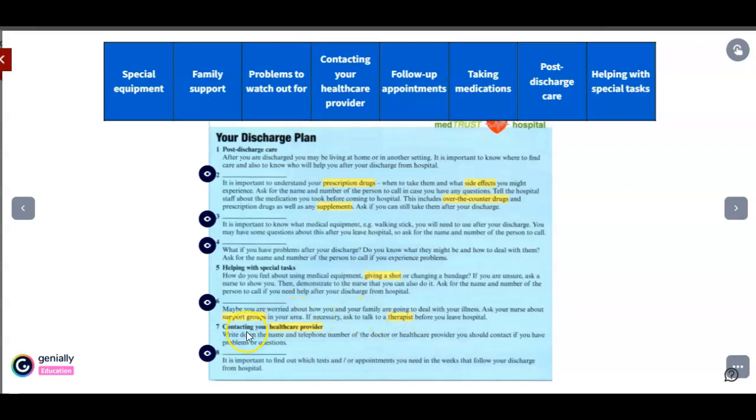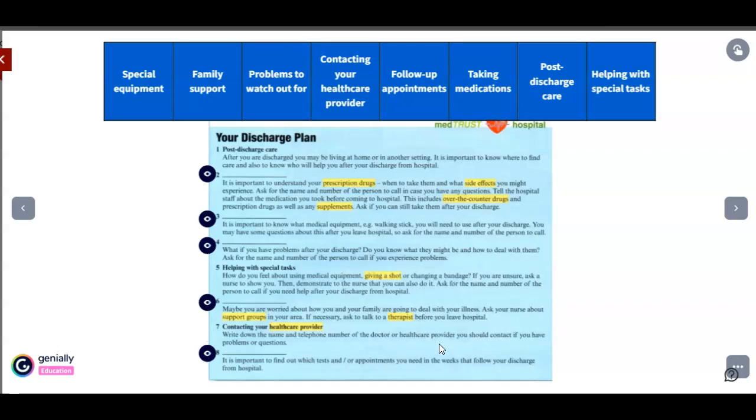Then we have contacting the healthcare provider. This is important because this is something that we're going to be checking in one of the following videos, that has to do with either having a further appointment or a follow-up appointment, or we can talk about the idea of contacting the doctor in case of any emergency.